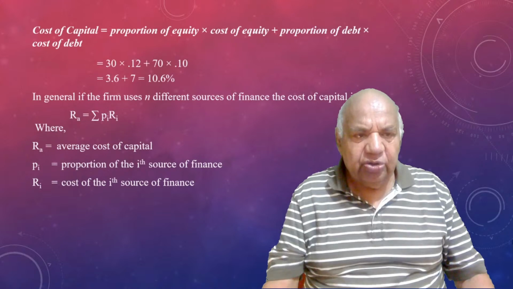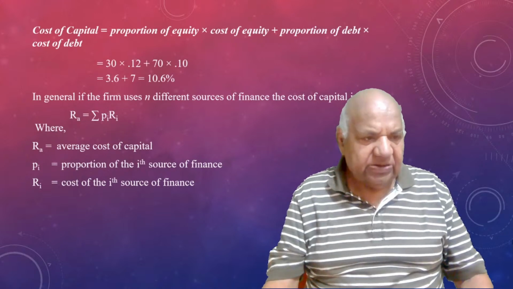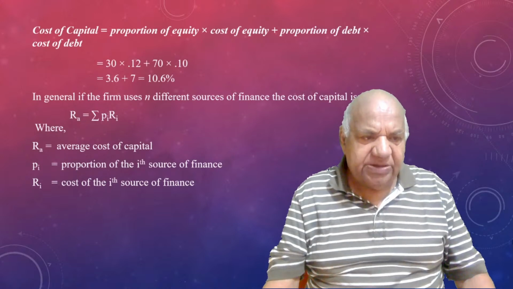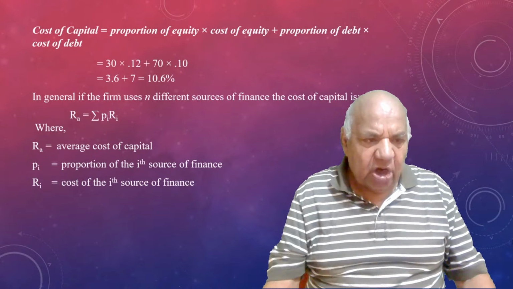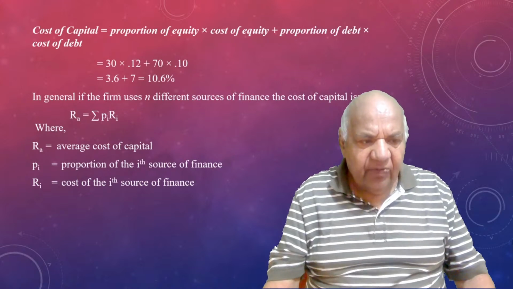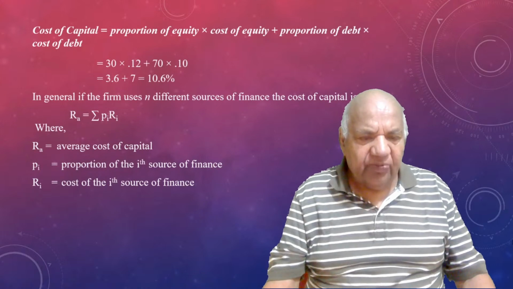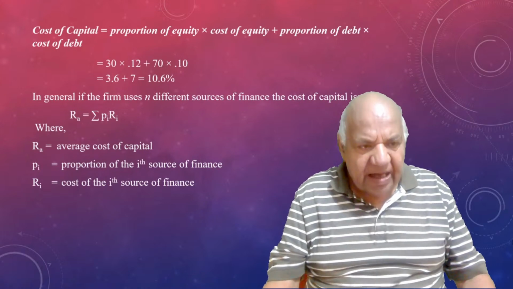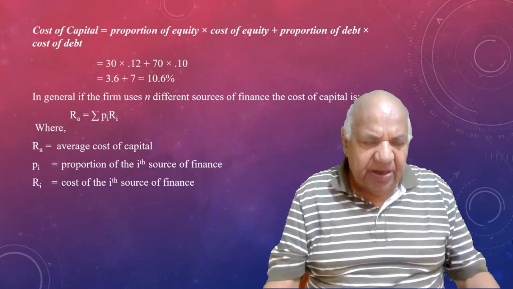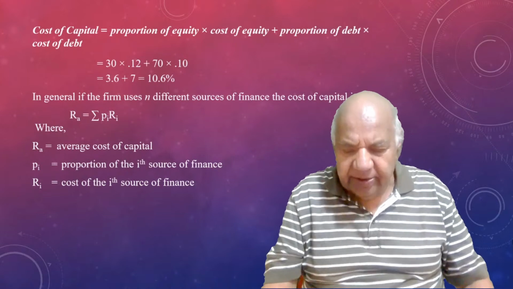It comes to 3.6 plus 7, that is 10.6%. In the form of a formula, average cost of capital, that is RA, equals the summation of P1 R1, proportion of the first source of finance times cost of the first source of finance, plus P2 R2 plus P3 R3 and so on.